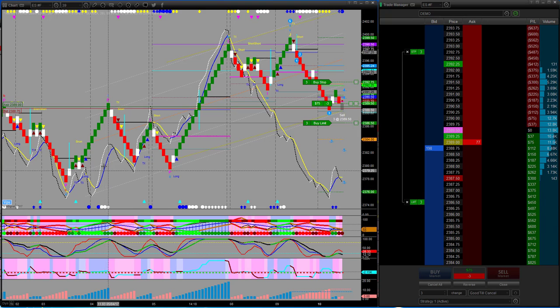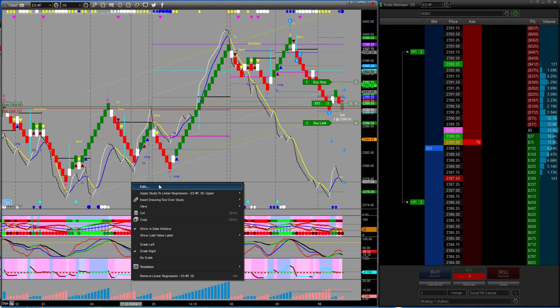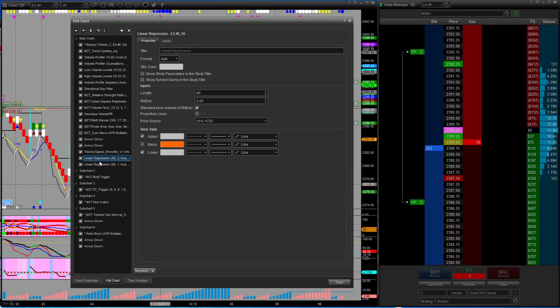These dotted lines here are a built-in eSignal indicator, linear regression lines. I put it on my chart twice, then I use the length of 80 bars with a 2 standard deviation, but I use standard error instead of standard deviation.